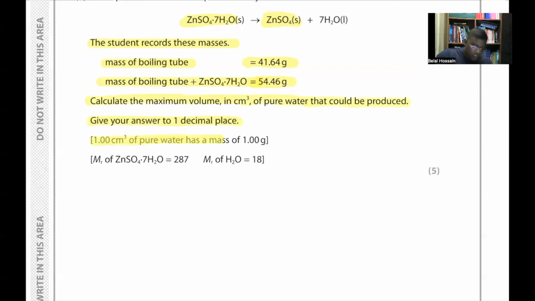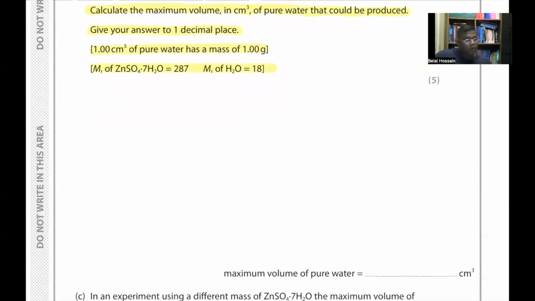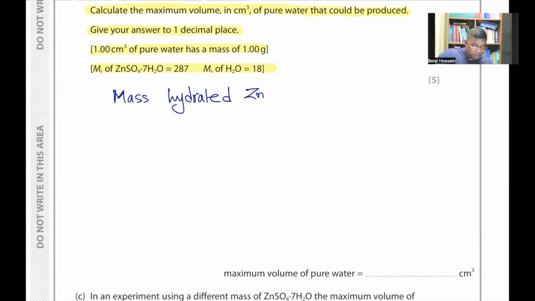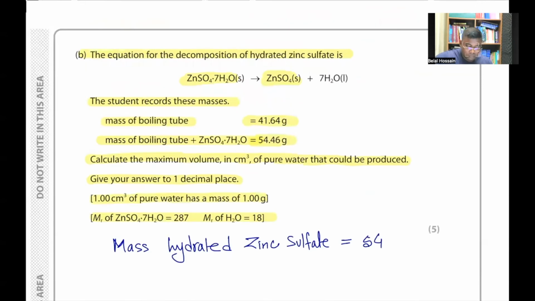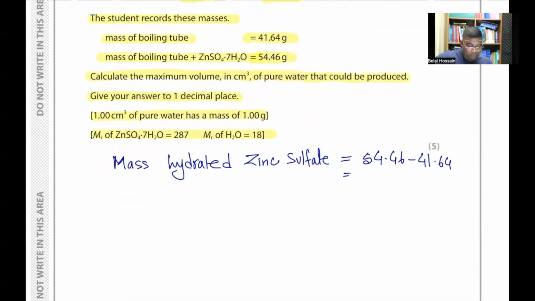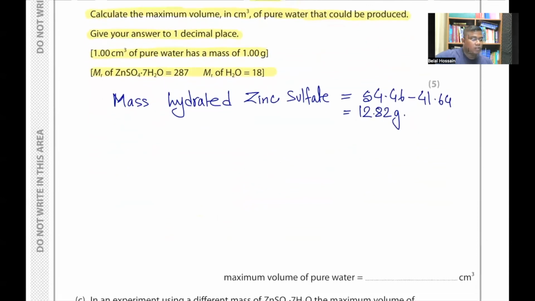1 cm cube of pure water has a mass of 1 gram. Mr of ZnSO4.7H2O is 287 and Mr of H2O is 18. All right, so all of the information is provided. First of all, we need to know the mass of the hydrated zinc sulfate. Then we need to find out the number of moles of hydrated zinc sulfate.